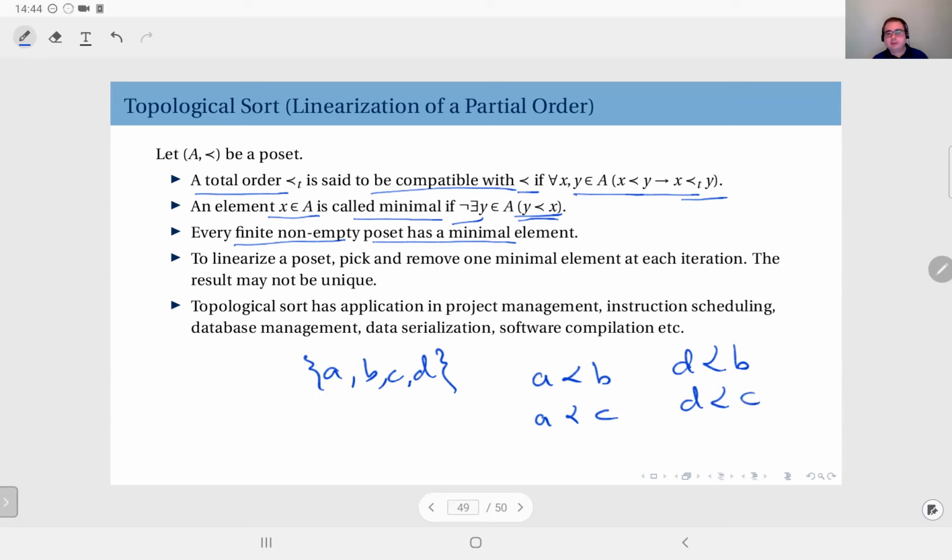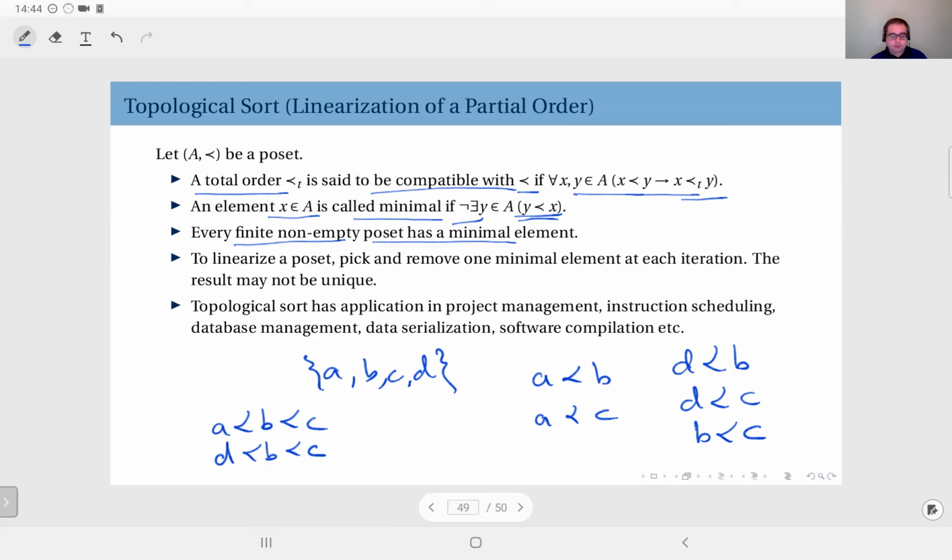But A and D are incomparable. Let's say B also is less than C. Now here you have A less than B less than C, D less than B less than C, but A and D are not comparable. In this case, A and D are minimal elements. So the minimal element doesn't have to be unique.